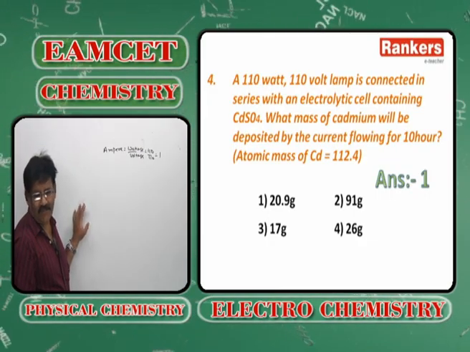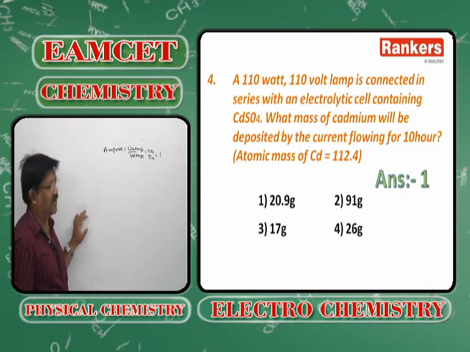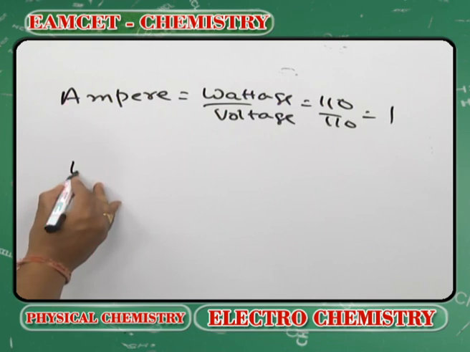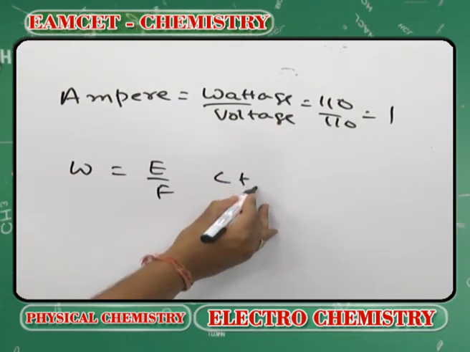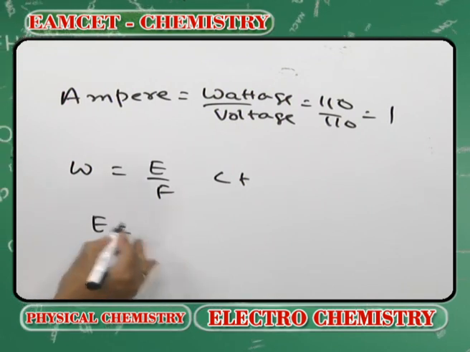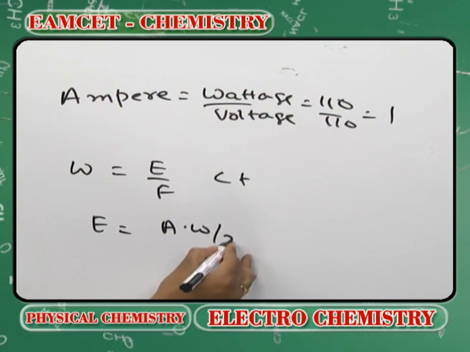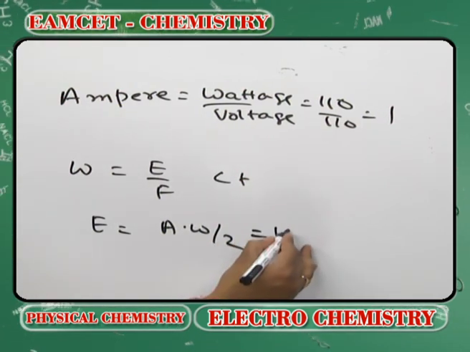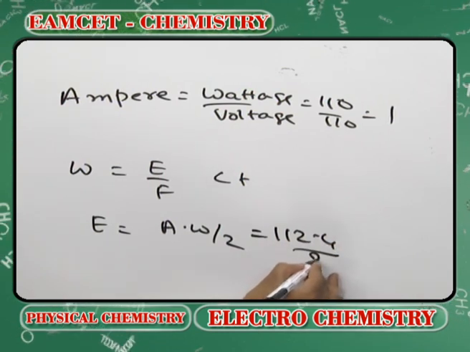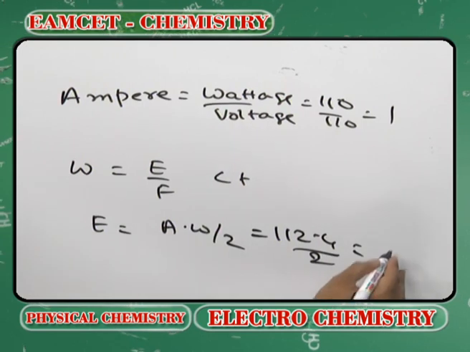What mass of cadmium will be deposited by the current flow for 10 hours? So W is equal to E by F Ct. What is the equivalent weight of cadmium? Atomic weight by 2. So 112.4 by 2.